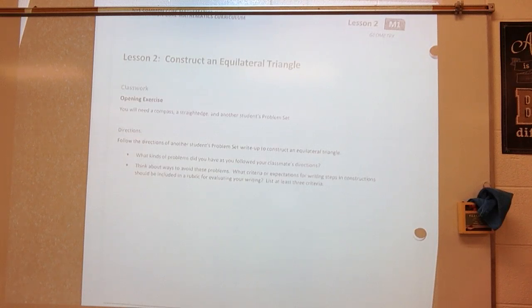It says, follow the directions of the problem set and construct an equilateral triangle. And it wants to know what kind of problems did you have. Did the directions work? Did you have trouble understanding what they wanted? Think about ways to avoid these problems. Maybe it's vocabulary that you're not using correctly.